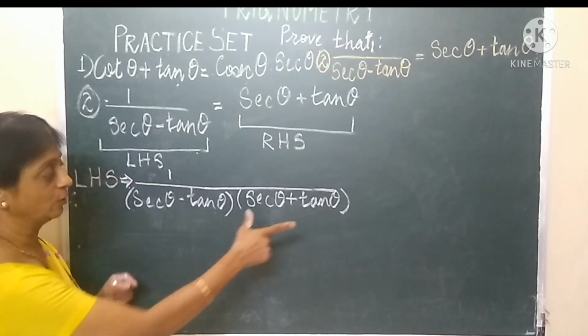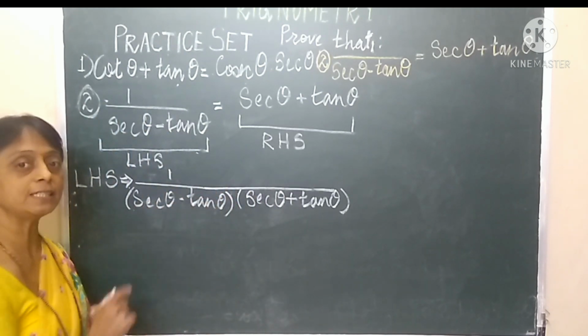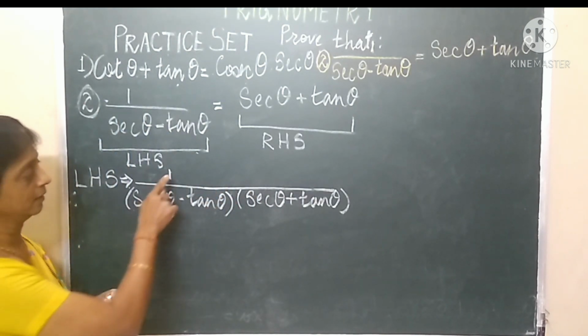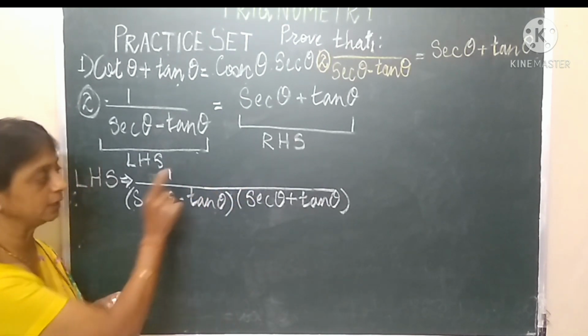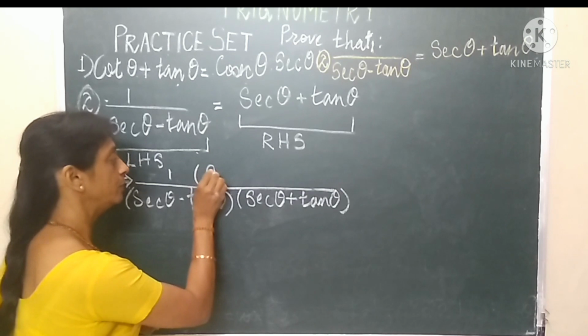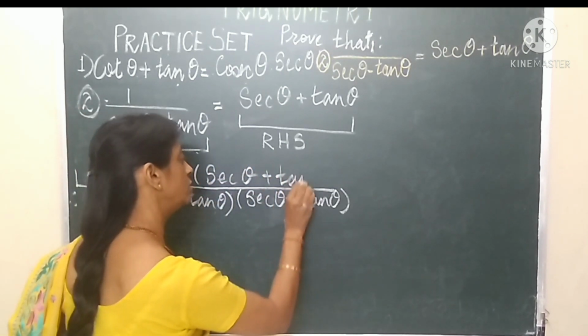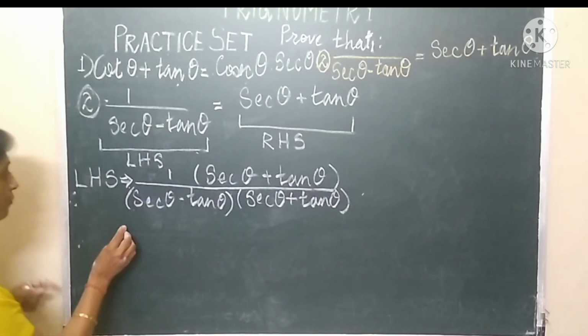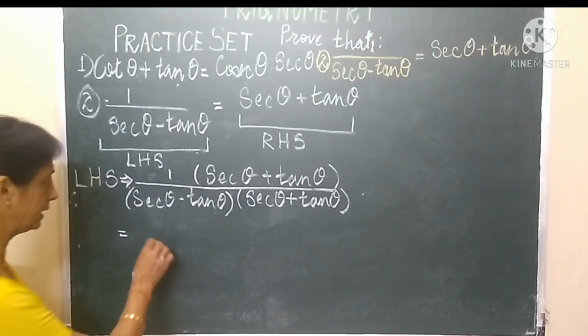Let's not forget, whatever we do in the denominator, same is applicable for us to perform the same operation with the same expression in the numerator. So multiply the numerator also by the same expression. Let's move on further. Let's concentrate on the denominator first.